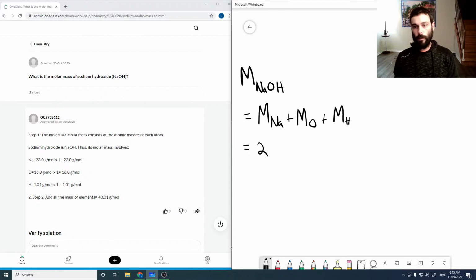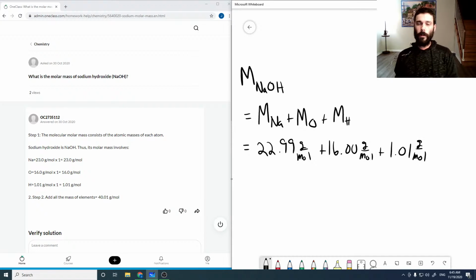And so that's 22.99 grams per mole plus 16 grams per mole plus 1.01 grams per mole. So summing these all up, we see that the molar mass for sodium hydroxide is 40.